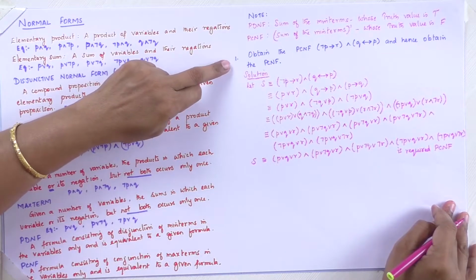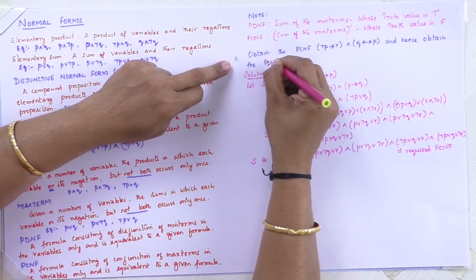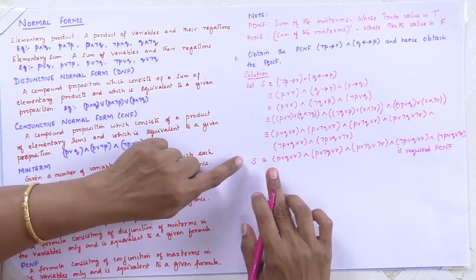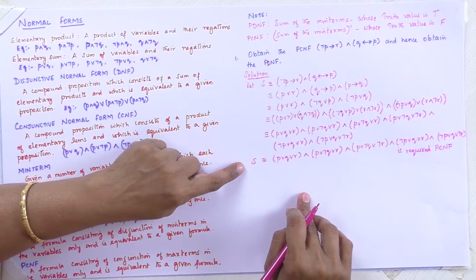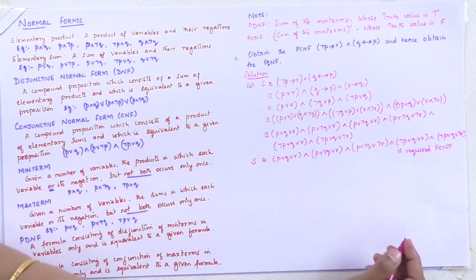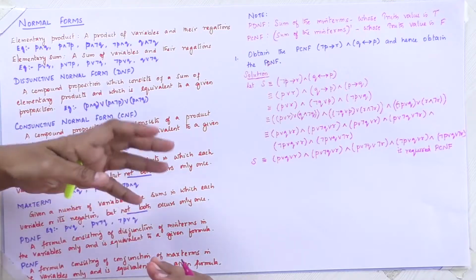And now from this itself we can obtain the PDNF. Sorry, here it should be PCNF and PDNF. So, from this itself we can obtain the PDNF. This PCNF and PDNF are complementary to each other. Fine.